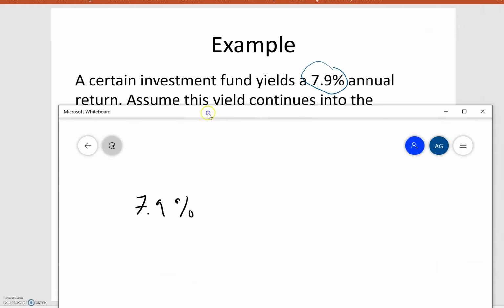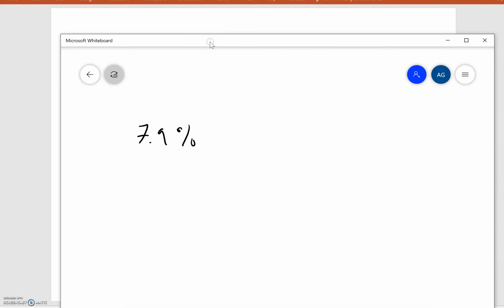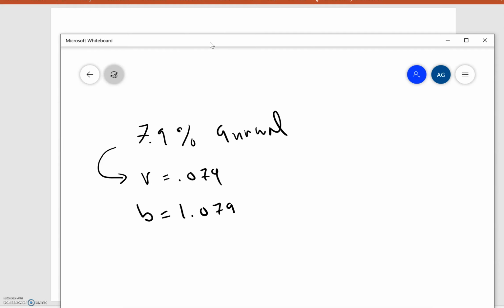So 7.9% annual. First of all, we need the factor. So R is 0.079, and therefore B is 1.079, and that's the annual factor.